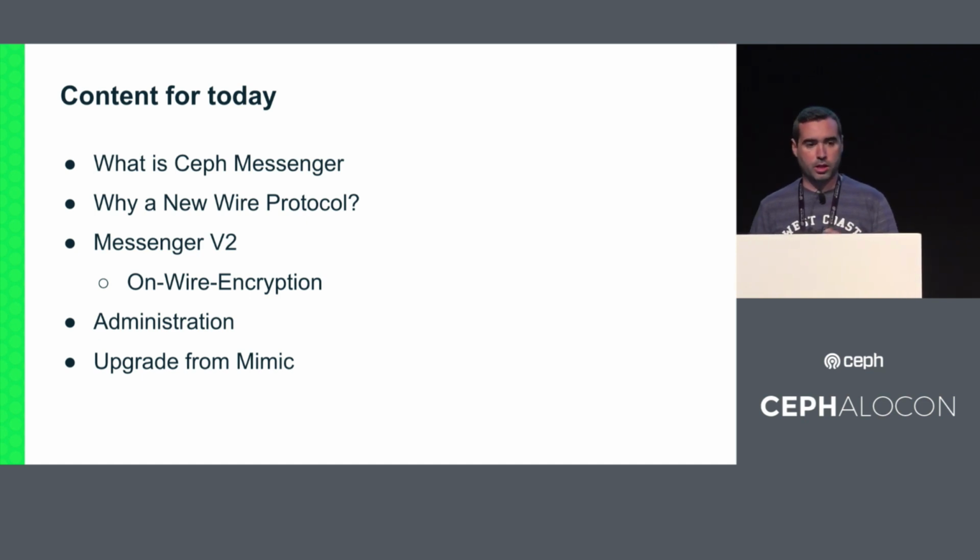I will then talk in more detail about the new protocol, which we called Messenger v2, and I will show you some of the details of the protocol. I will also talk about the new feature of that protocol, which is On-Wire-Encryption.